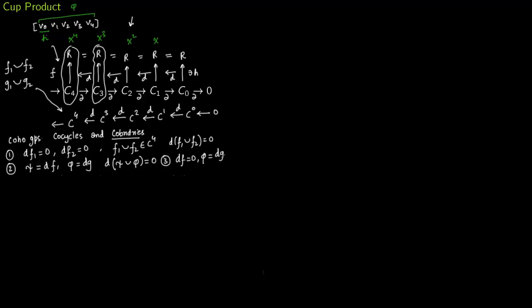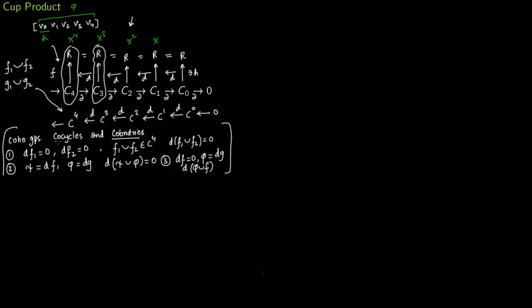When you take the cup product of f and varphi, you should get a coboundary, because only one of them, when you apply d to it, is 0. So we want this: you take the cup product, it should be the coboundary of something. So that is pretty much it. This is what we require so as to pass to cohomology groups.